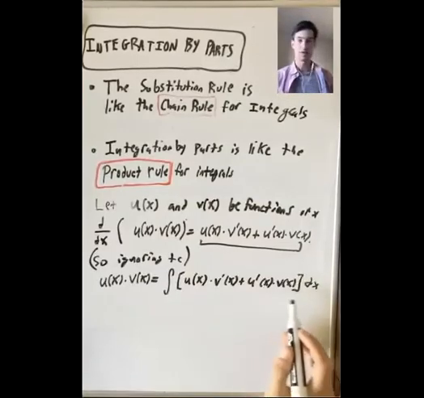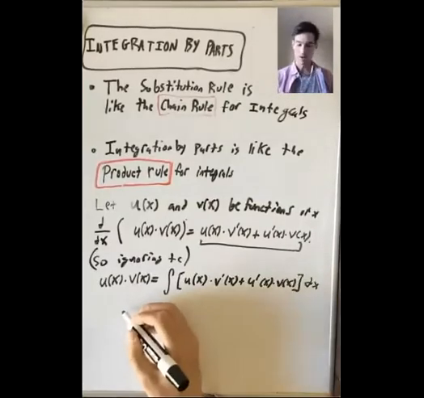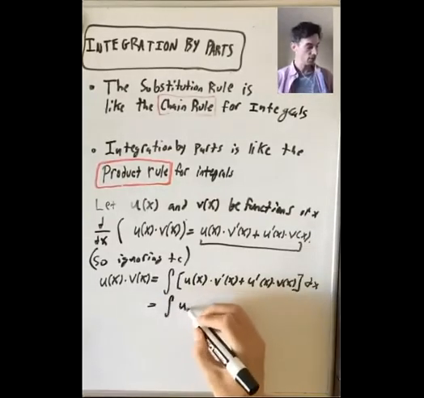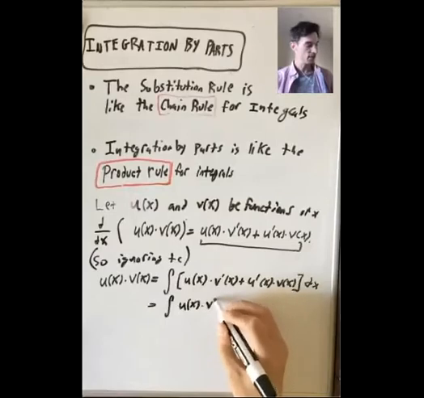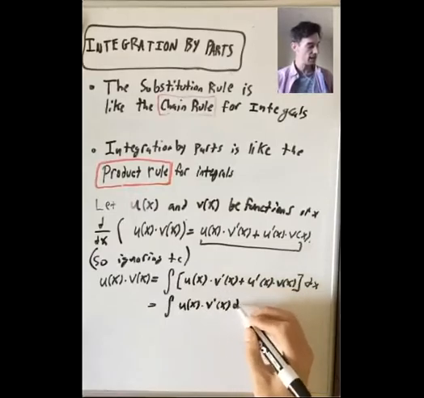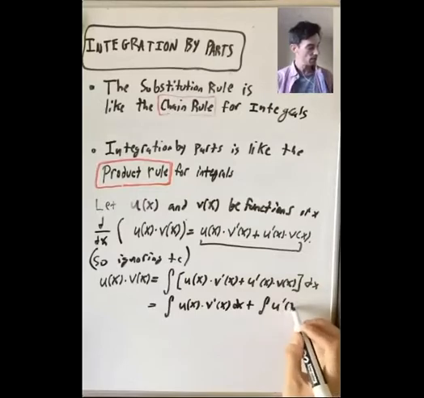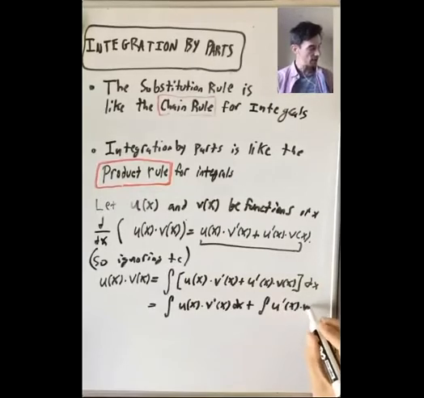We can use the properties of integrals that we know to break this up. This is the integral of u of x times v prime x dx plus the integral of u prime of x times v of x dx.